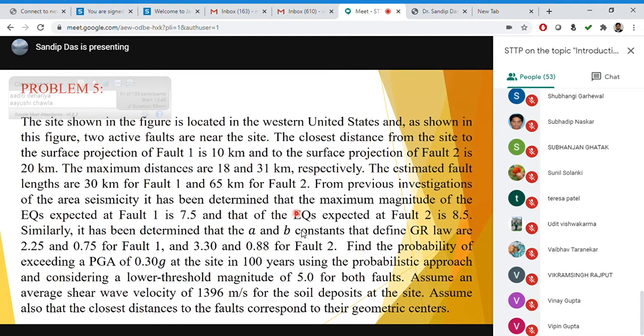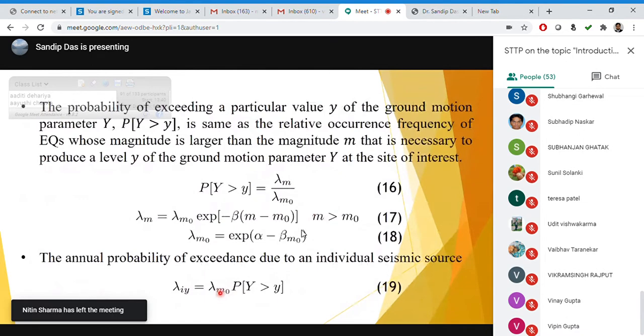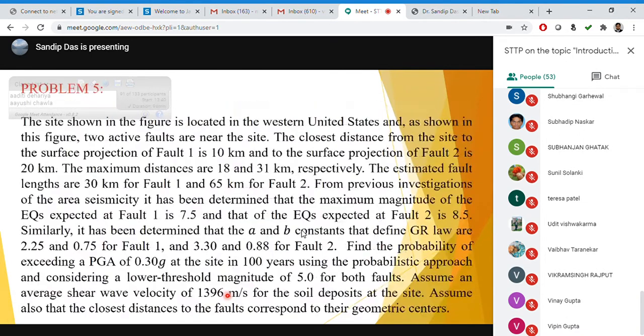Then find the probability of exceeding a PGA of 0.3 g at the site in 100 years using the probabilistic approach, considering a lower threshold, that is M naught. So you need to get lambda M naught, this quantity you need to get. You need to be specified with this M0 or M naught, that is also given.